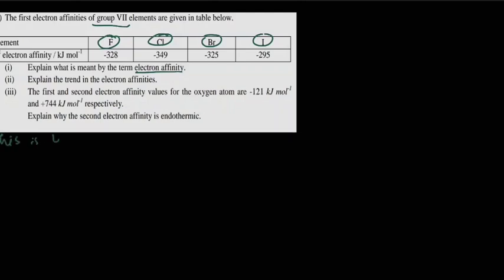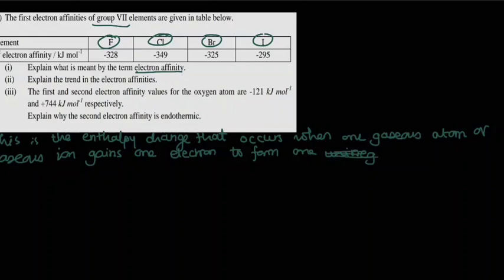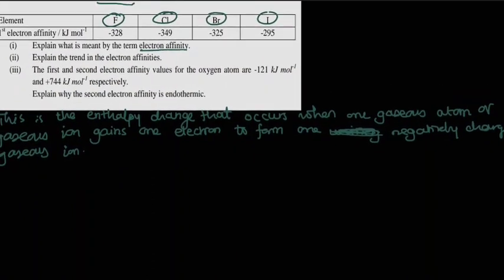This is the enthalpy change that occurs when one gaseous atom or gaseous ion gains one electron to form one negatively charged gaseous ion.